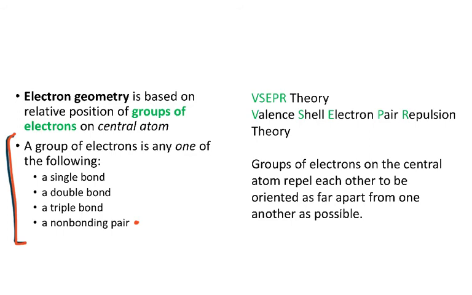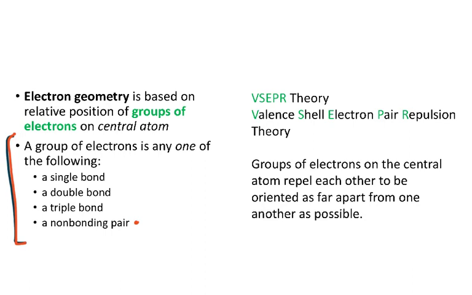And remember that electrons are all negatively charged, right? And so things that are like charges repel each other. And so these are actually out in space, like around the atom, right? And so groups of electrons on the central atom repel each other to be oriented as far apart from one another as possible.